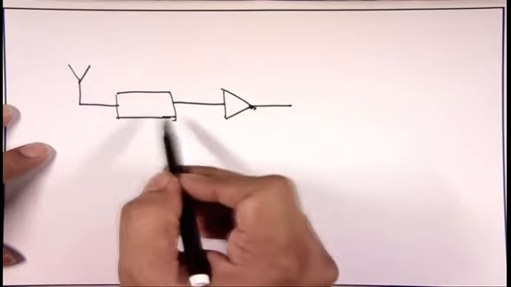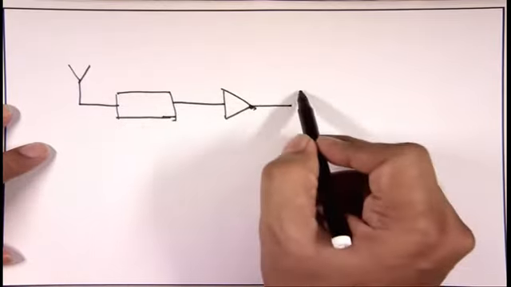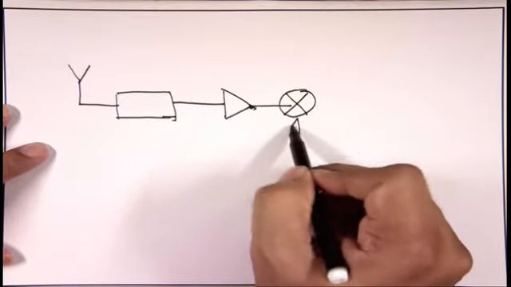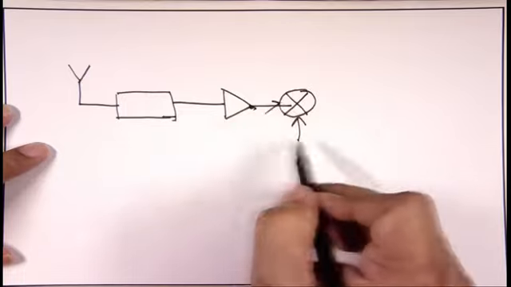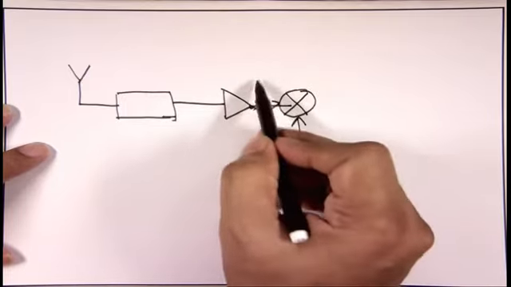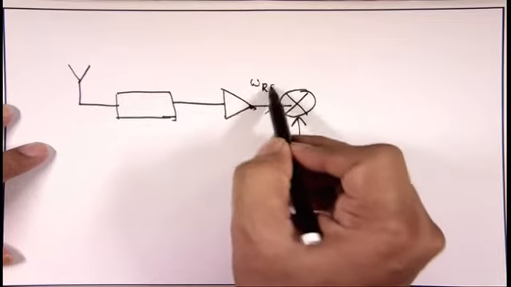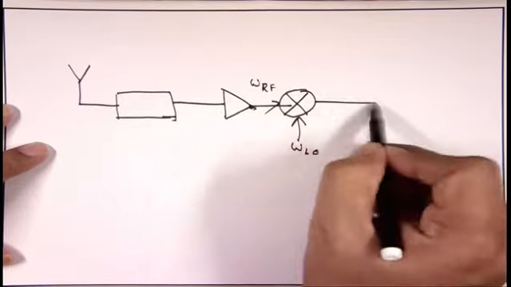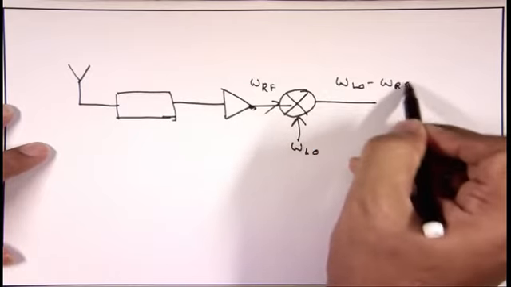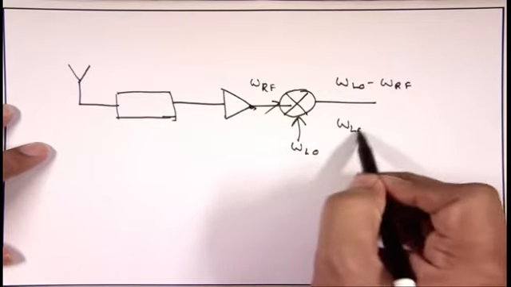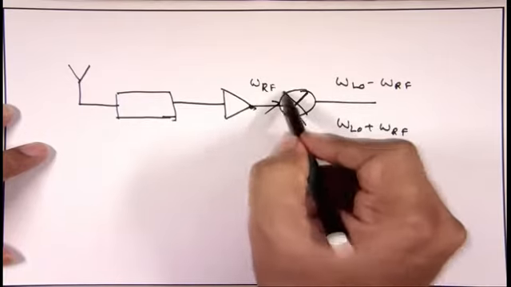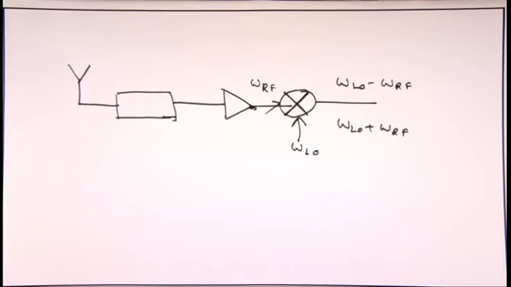That means there is no frequency translation, but only in this block do you have a translation of frequency. That is, your frequency is now multiplied with the input RF frequency, and they are giving you omega LO minus omega RF or omega LO plus omega RF. So that block is today's discussion in the first half.